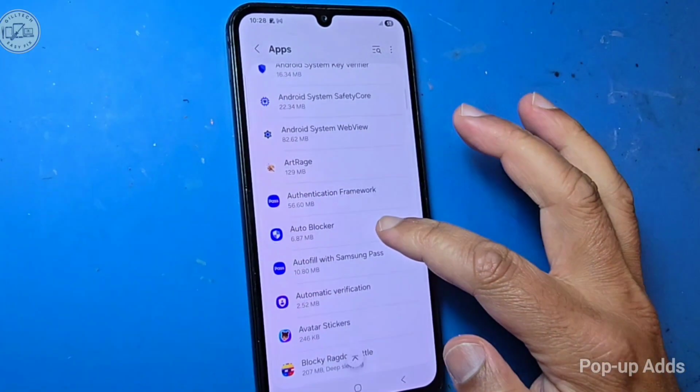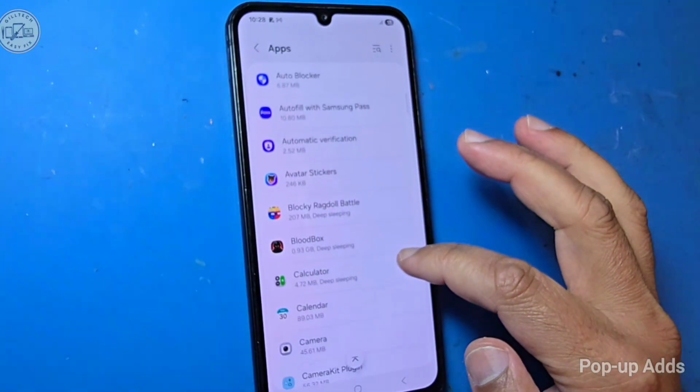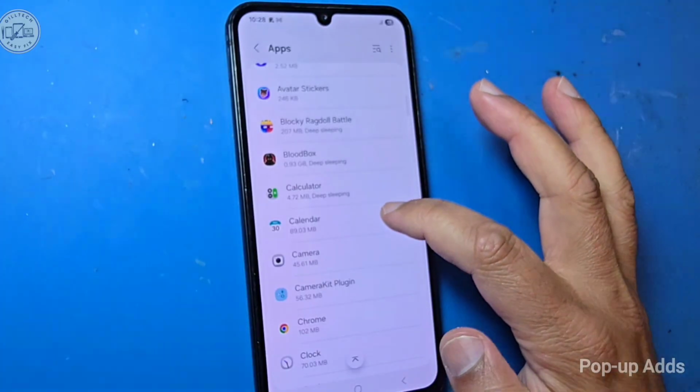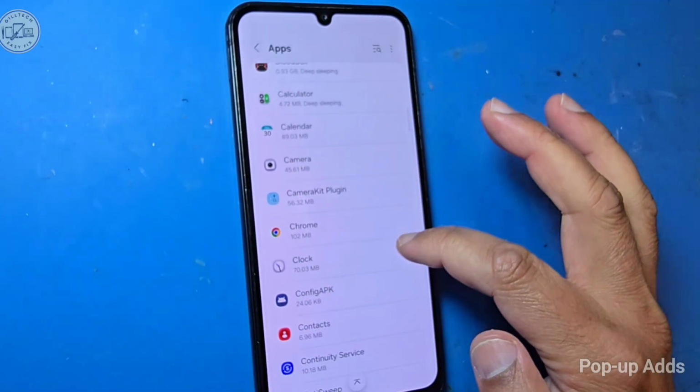It appears that the pop-up advertisements have ceased, indicating that we successfully identified and uninstalled the responsible applications.